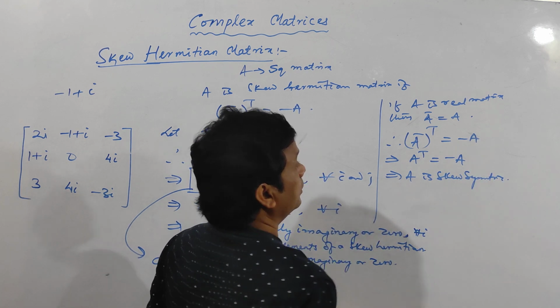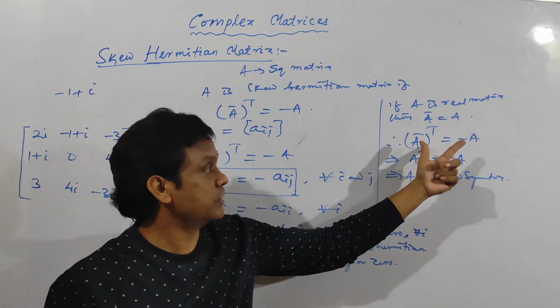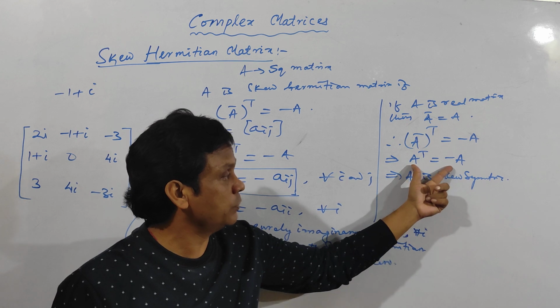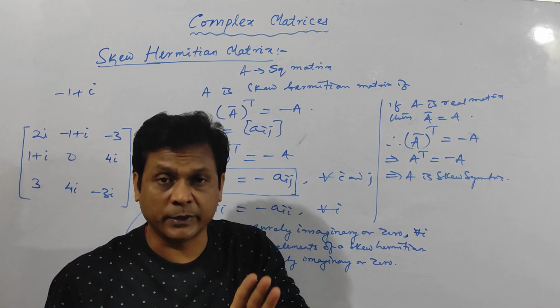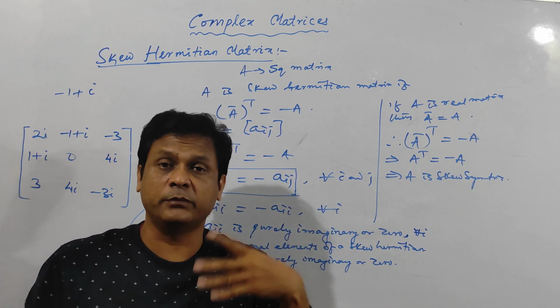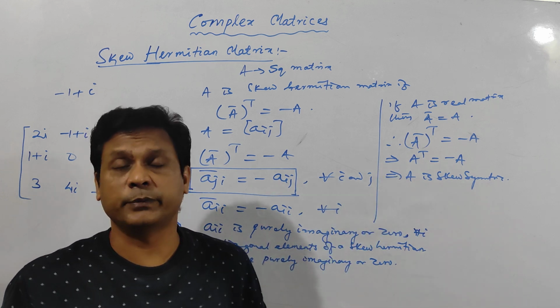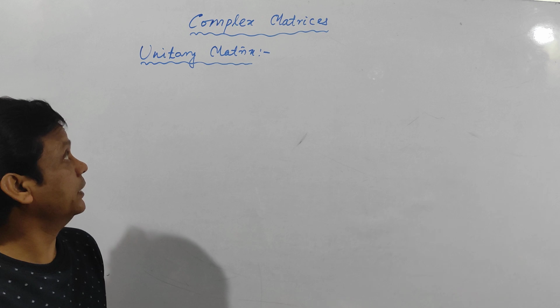This is the definition of a skew Hermitian matrix. A skew Hermitian matrix will become skew symmetric if A is a real matrix. If A is a real matrix, then every skew Hermitian matrix is a skew symmetric matrix. Clear?